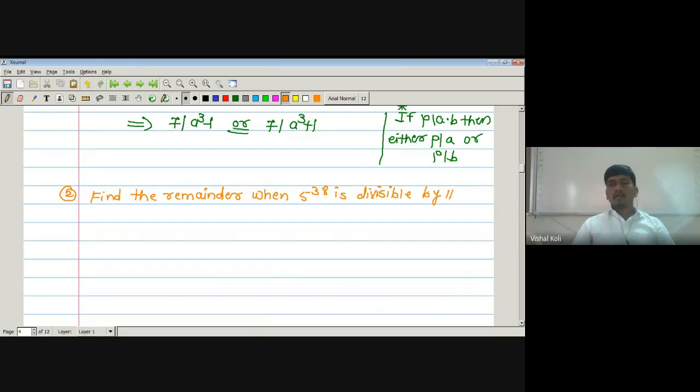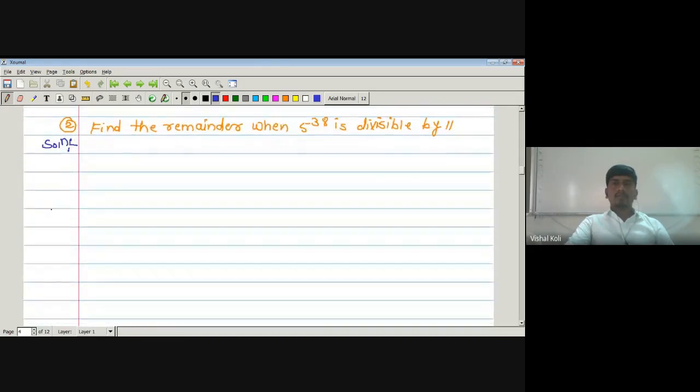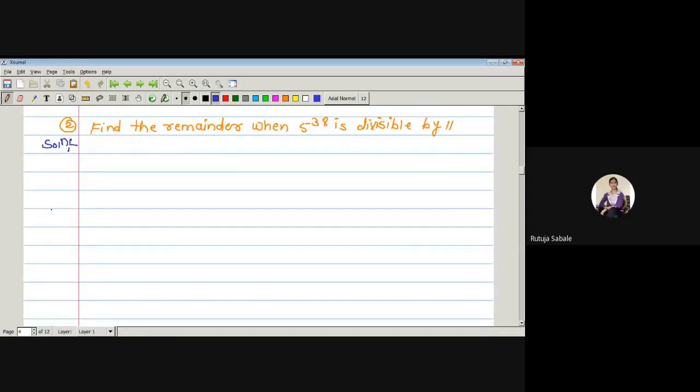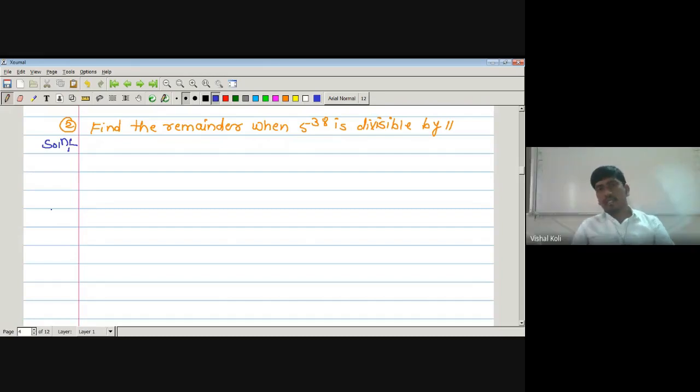Okay, now we have to use Fermat's theorem to find this remainder. Now tell me the values of a and p here. a is 5 and p is 11. So here a is equal to 5 and p equal to 11.